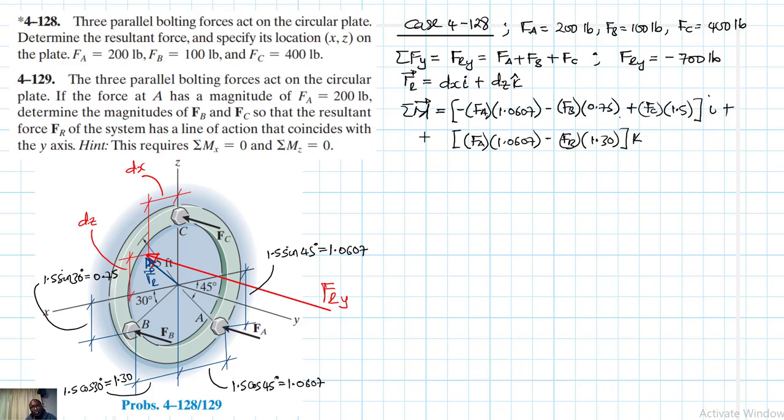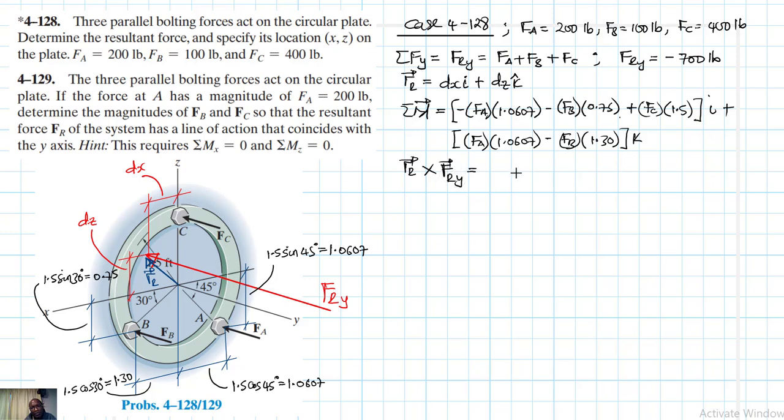So equate the two. We are going to equate the two. So say RR cross FRY.